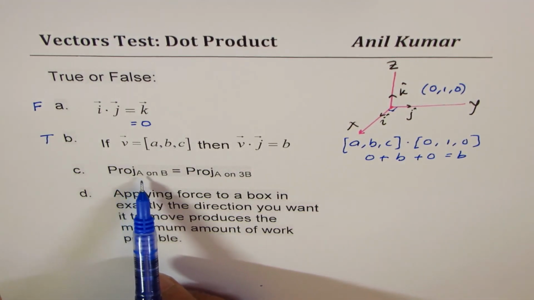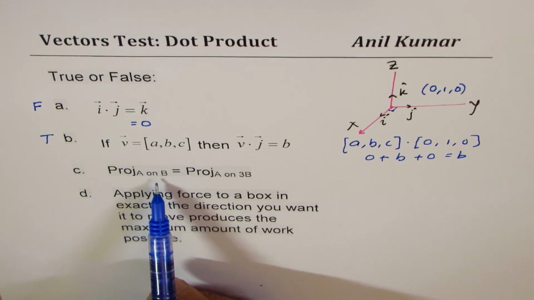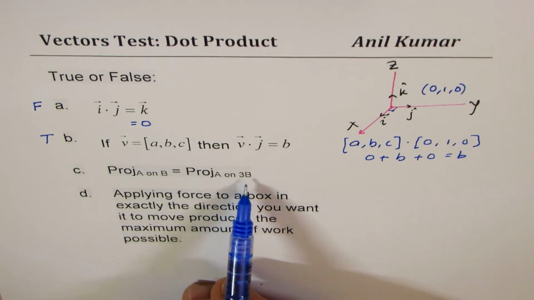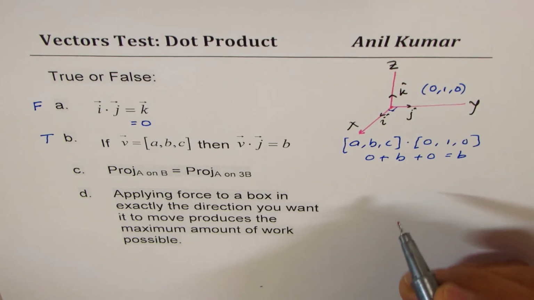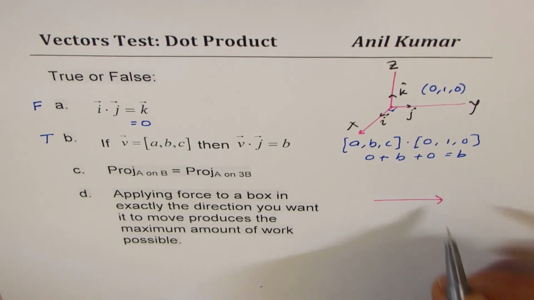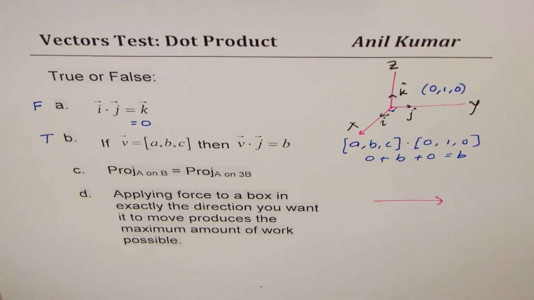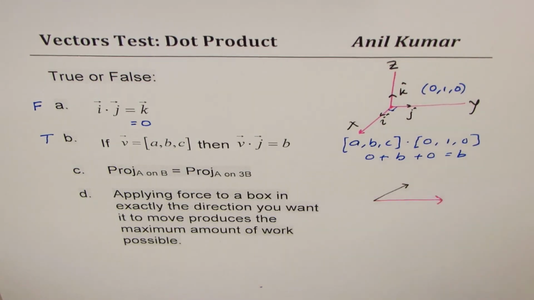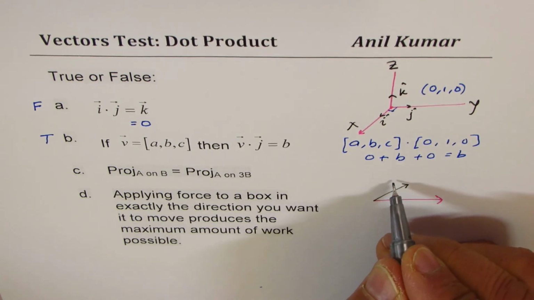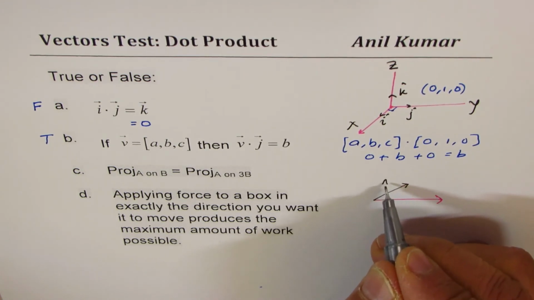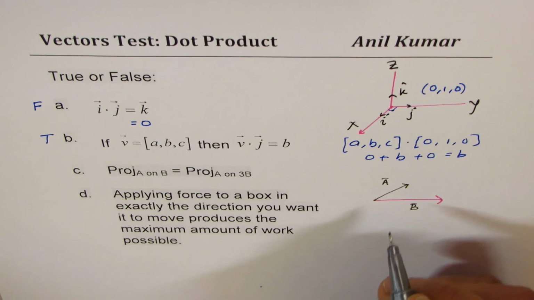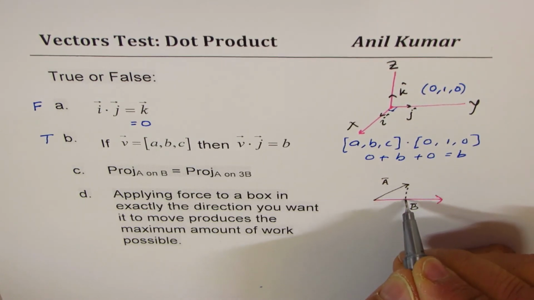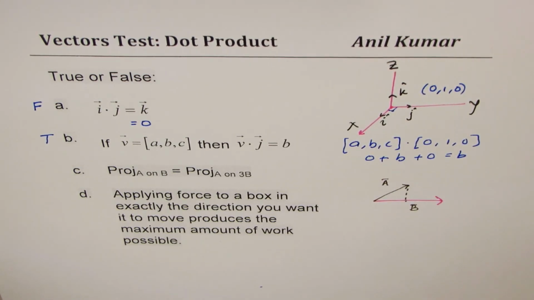Now we have the projection of A on B and the projection of A on 3B. So basically we are looking at B as this, and let us say the vector A is like this. The projection of A on B is this much, correct?